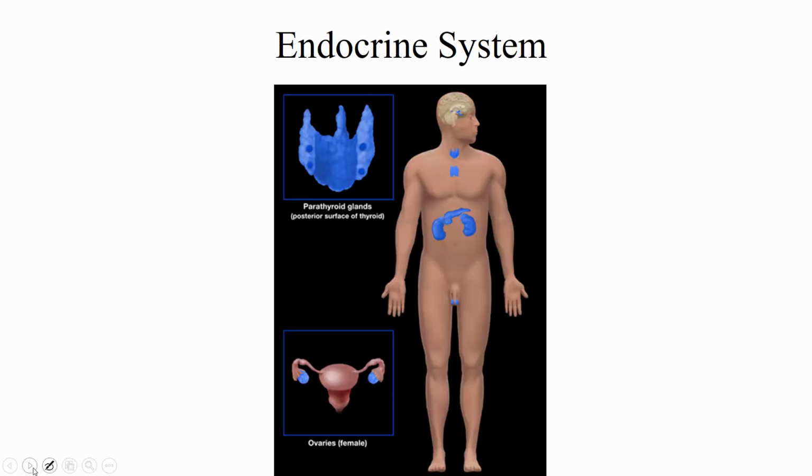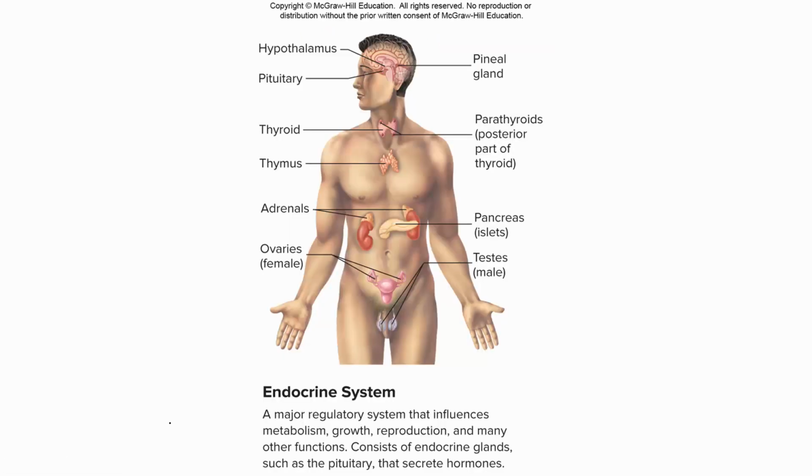The endocrine system is going to consist of a series of glands. That includes things like the pituitary gland. That's an important gland. These are going to regulate many different aspects of physiology. They influence things like metabolism, right?